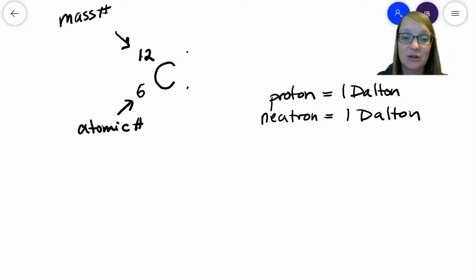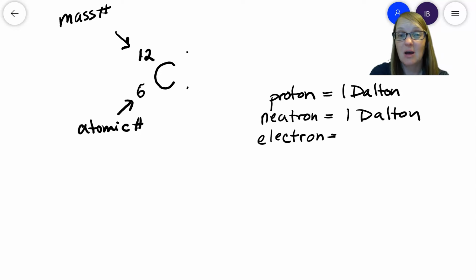That leads us to electrons. Electrons are the smallest of these 3 subatomic particles. An electron is so small that it has a mass of about 1/2000th of a Dalton. It is tiny. There are no elements that I know of that have 2,000 electrons to make up even 1 Dalton.